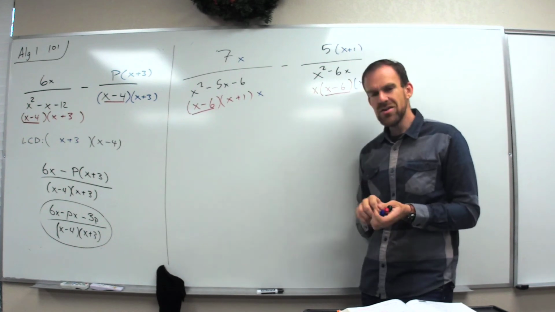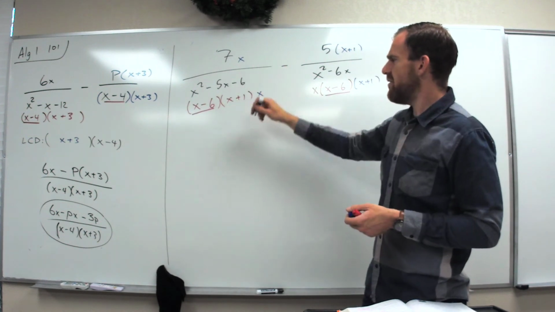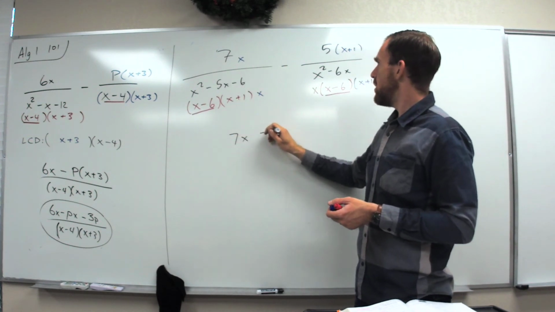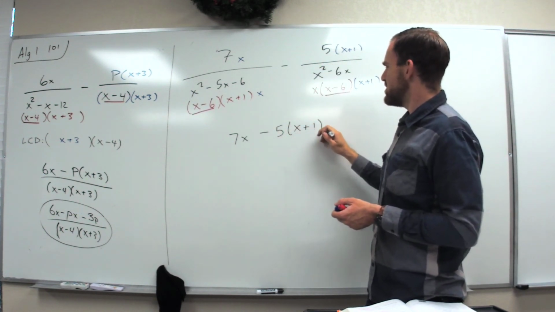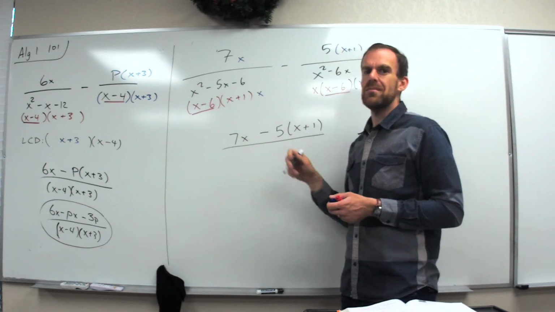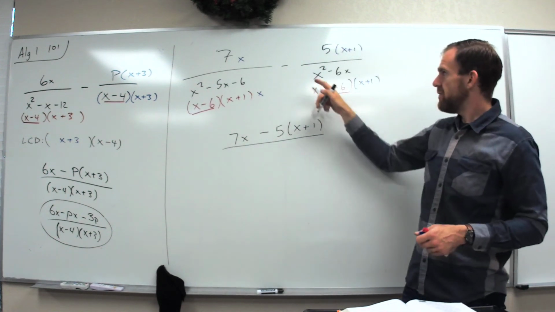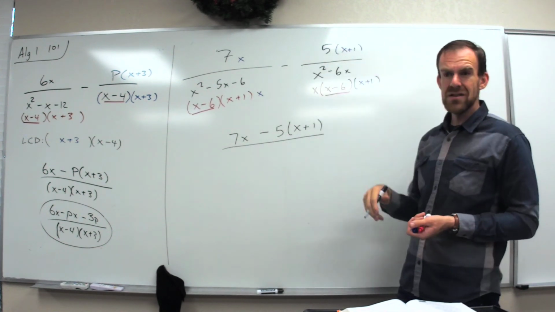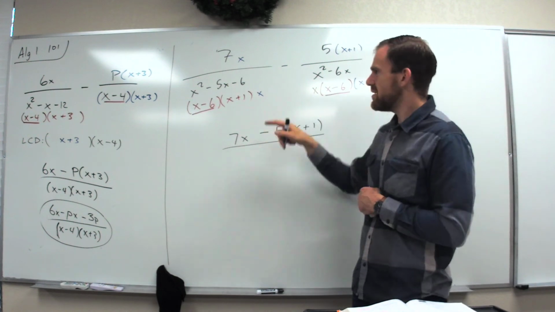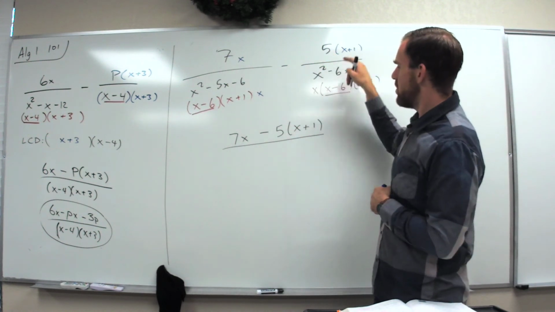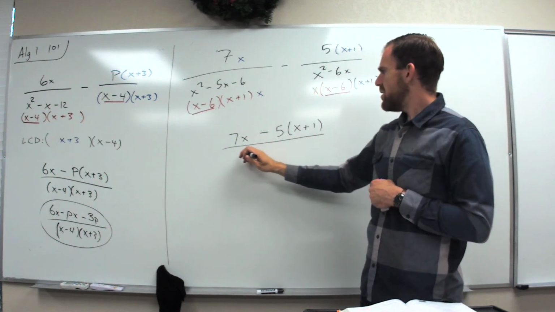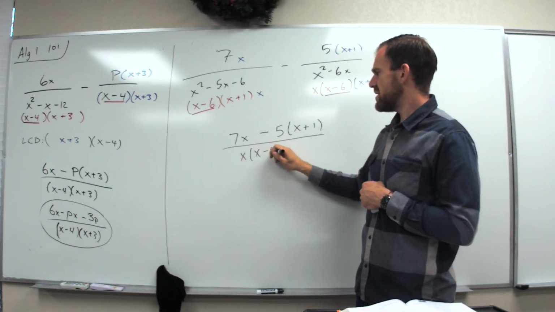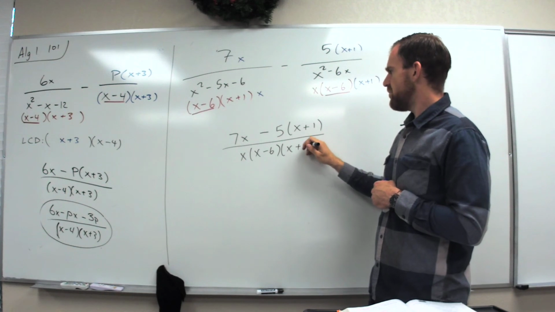Now, if I combine all those, put them all together, what do I get? 7x minus, and again, I'm going to leave this multiplication till later, because I don't want to mess up with the minus sign. If you do minus 5x plus 5, that would be wrong, because this minus distributes to both. So, wait to do the distributing there. On the bottom, we have x minus 6, x plus 1.